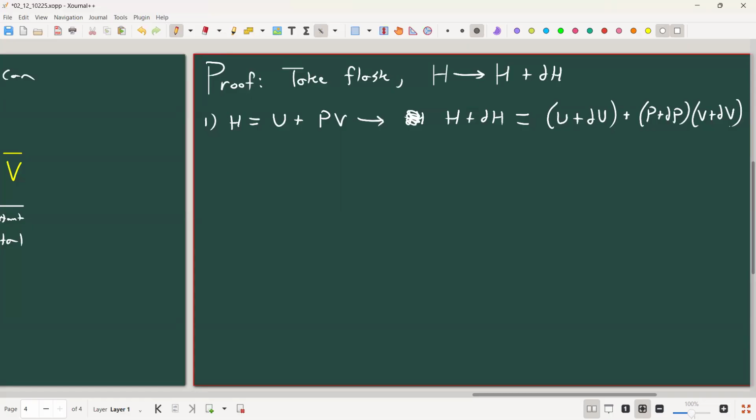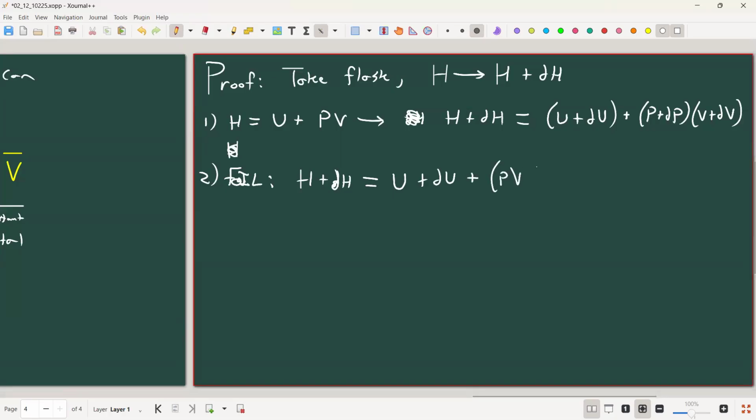Right, I'm going to expand this all out. We have some foiling to do on the right. We have H plus dH is equal to U plus dU times P plus dP times V plus dV, which expands to PV plus PdV plus VdP plus dPdV.